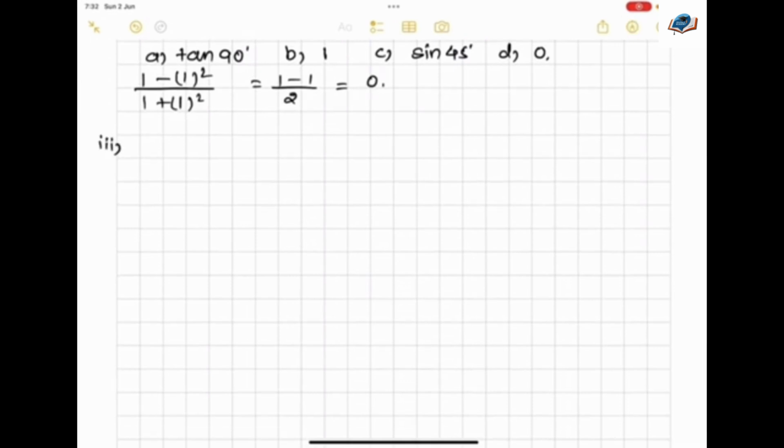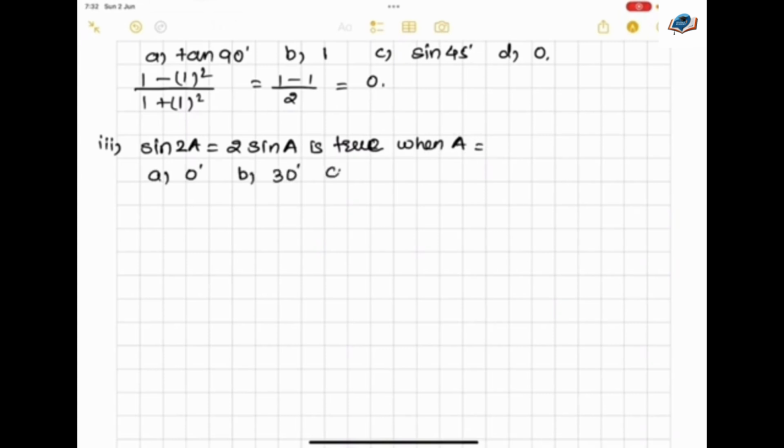Now third one, it says sine 2A equal to 2 sine A is true when A is, options: 0 degree, 30 degree, 45 degree, or D is 60 degree.